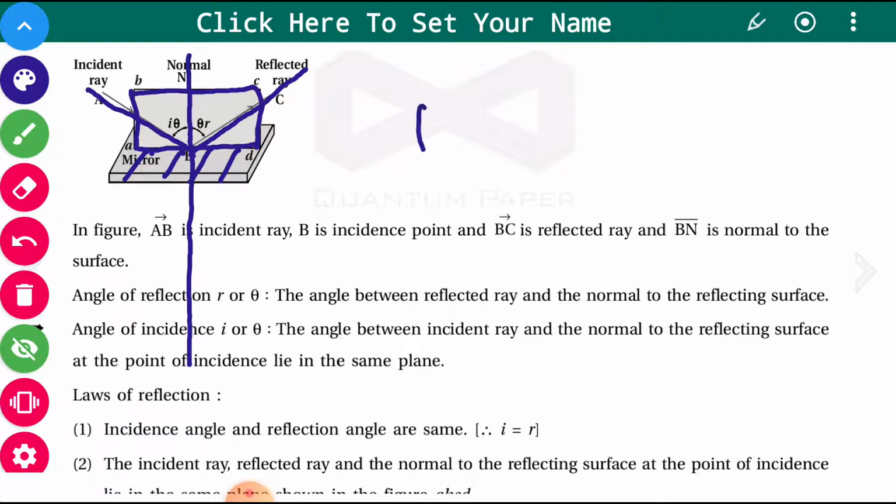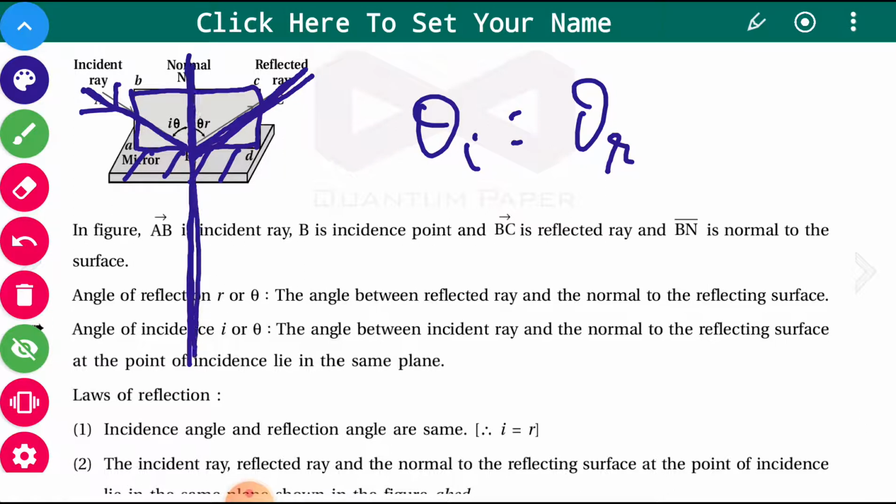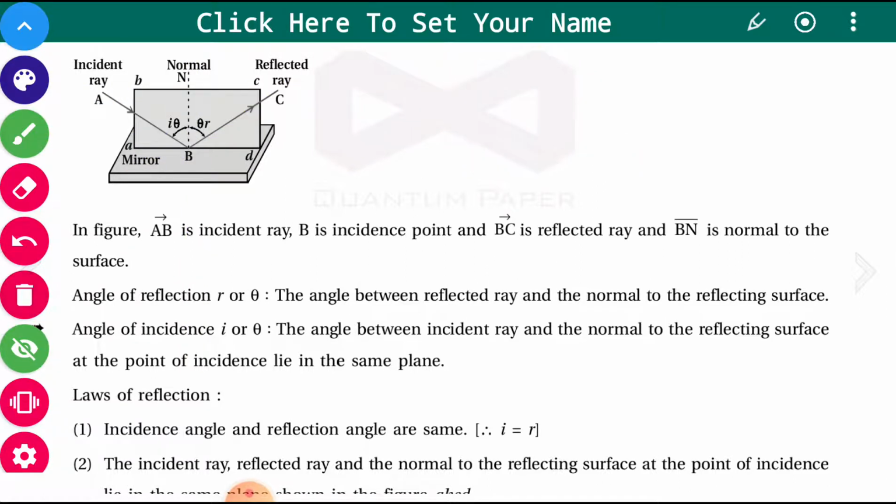So theta i is equal to theta r, and it is also found that the incident ray, the reflected ray, and the normal drawn at the point of incidence are in one plane. So these are the two rules regarding reflection.